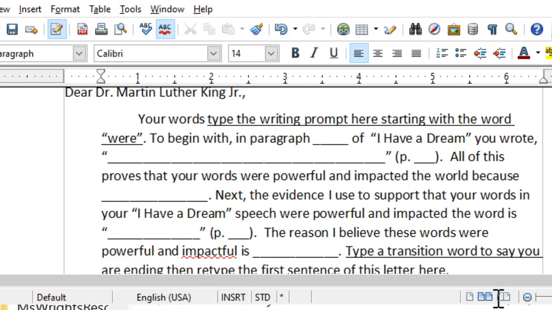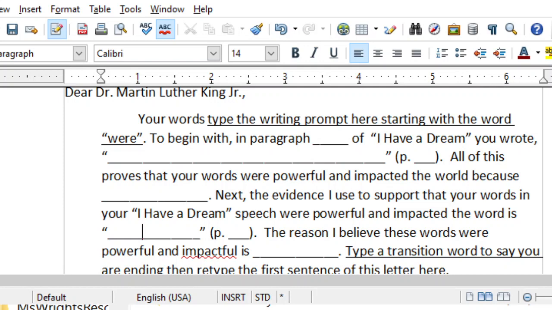You need to find two different sentences from his I Have a Dream speech that you think are powerful and impacted the world. You're going to put the first sentence here. Tell me what page number I can find that sentence on. And then you're going to explain why you think that sentence was powerful. Then here's the next one.